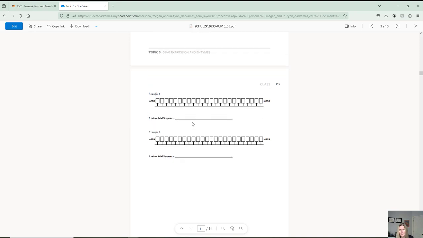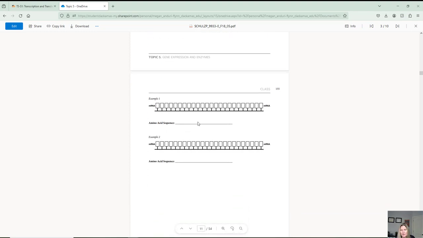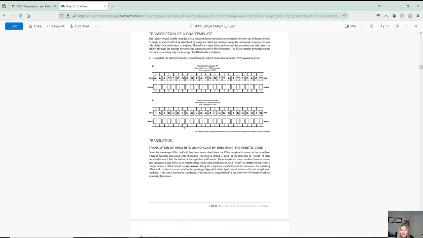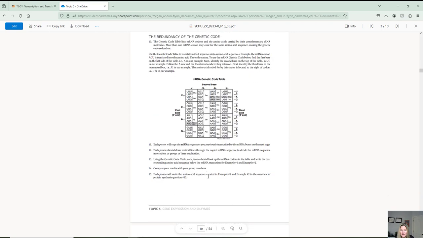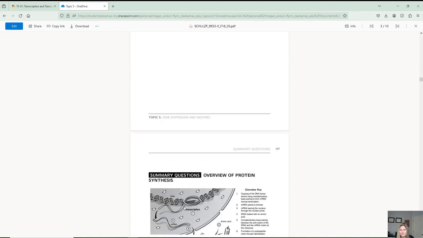Okay, in the next 3 lines, if it says CUU, you'll put LEU, which means leucine, a type of amino acid, and you'll continue on. Okay, so that is example 1. Example 2, you'll copy this strand down there, and then you'll do the same thing. So you'll have 2 times to practice.